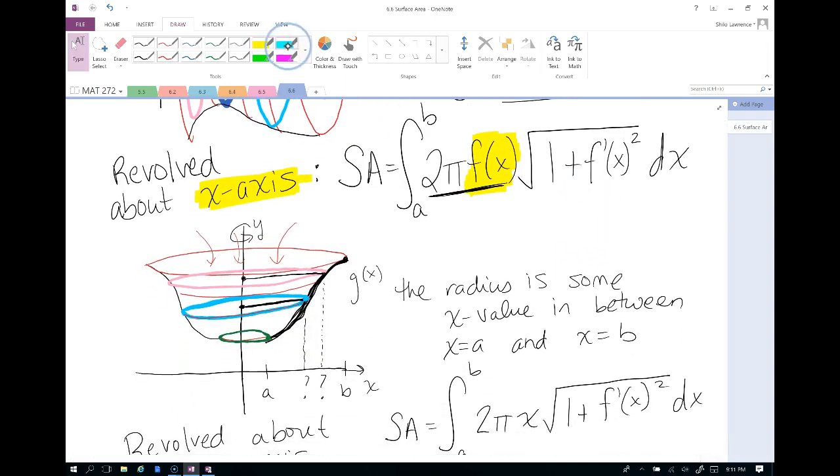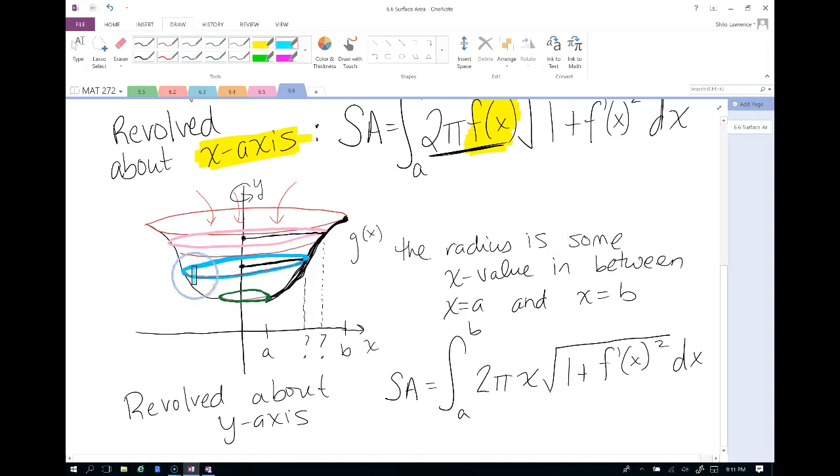But when you go around the y-axis and you look at those individual circles and you measure the radius, it goes from your axis of revolution to the function, but that length is a horizontal length. And horizontal lengths in the xy plane are x values, not f of x. F of x is a y value. It's a y coordinate. So it's just some x value between a and b.